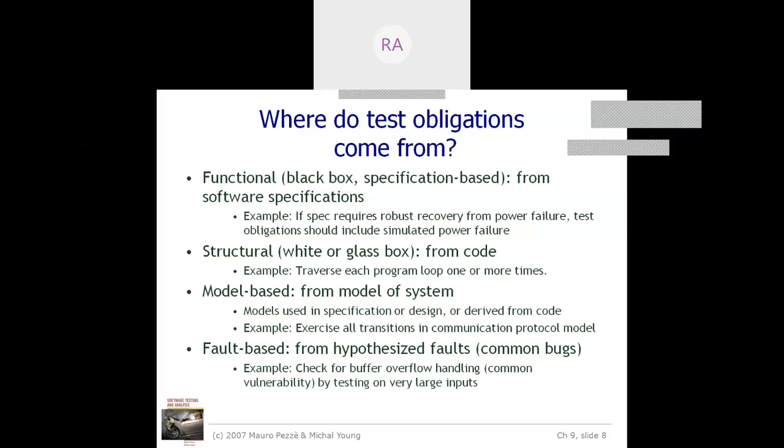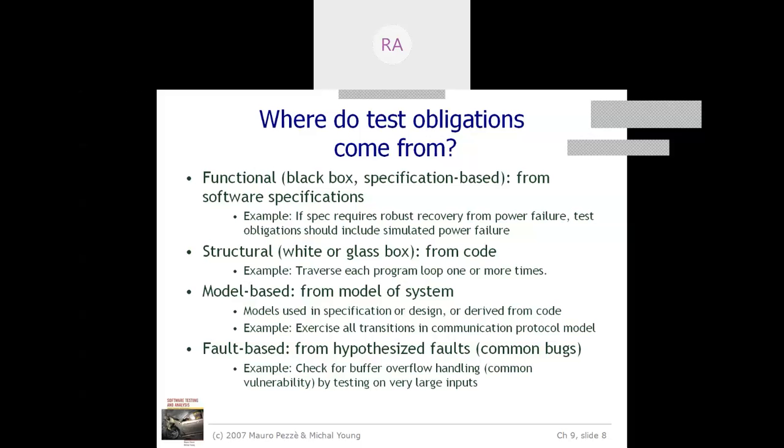Then if it is model based, wherein the focus is on the model of the system, then models used in the specification or design are derived from the code. What all are the things that you have to include within the test obligations? You are going to include the models which are used in the specification or design.